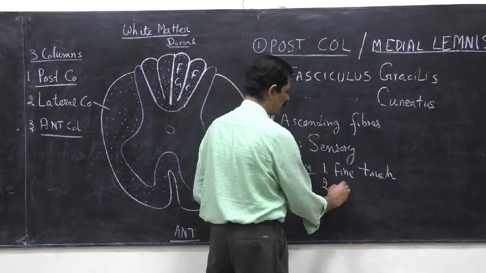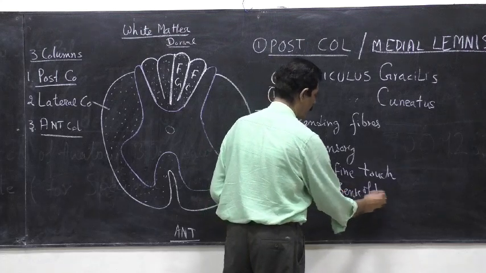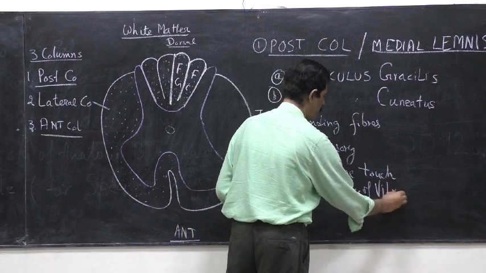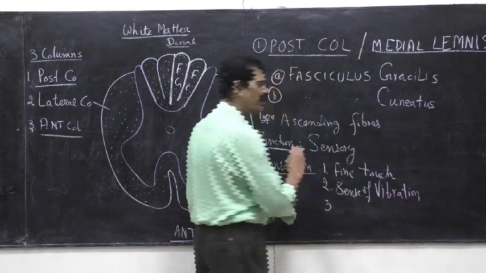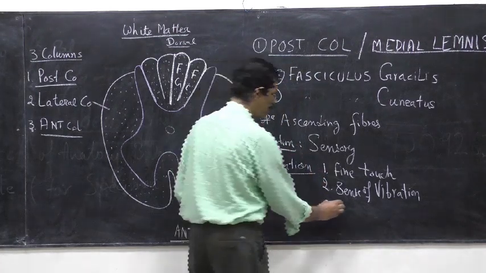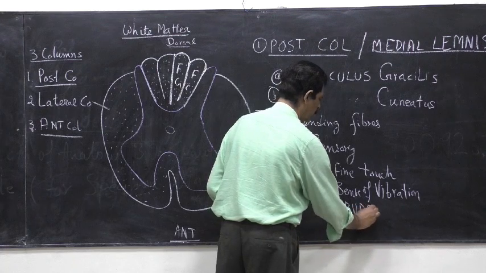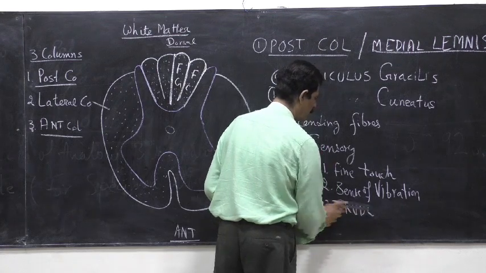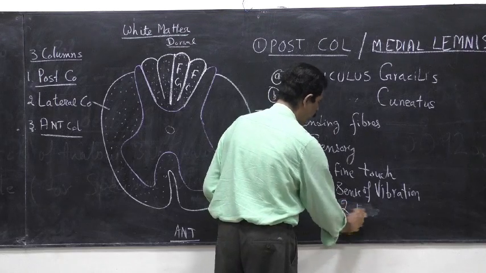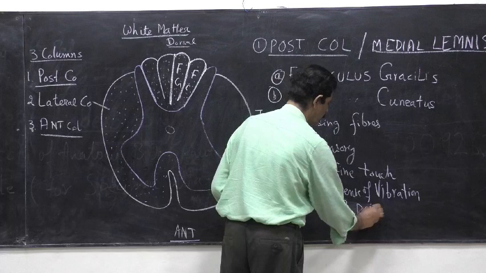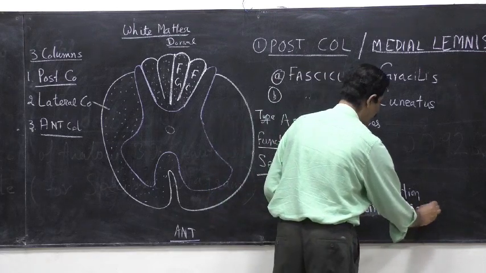Then they carry the sense of vibration. Third type of sensation they carry is the crude touch. So they carry the 2-point discrimination.